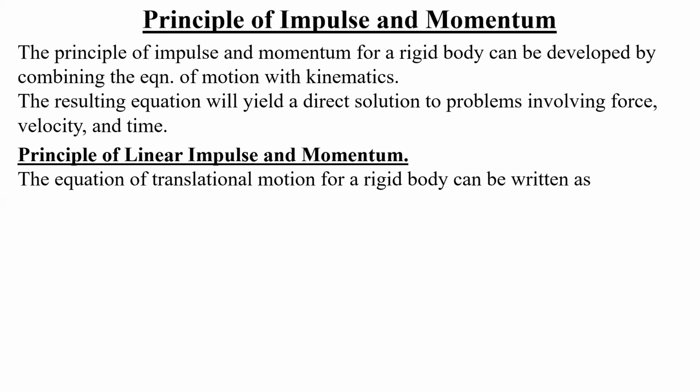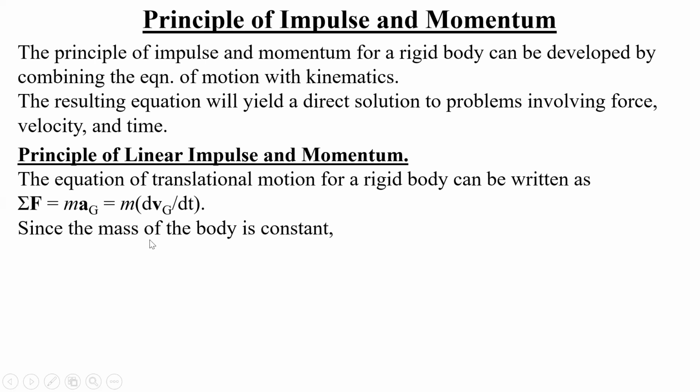The equation of translational motion for a rigid body can be written as summation F equals m a_G, where a_G is the acceleration of the mass center, which is dv_G/dt. Since the mass of the body is constant, summation F can be d/dt of m v_G.